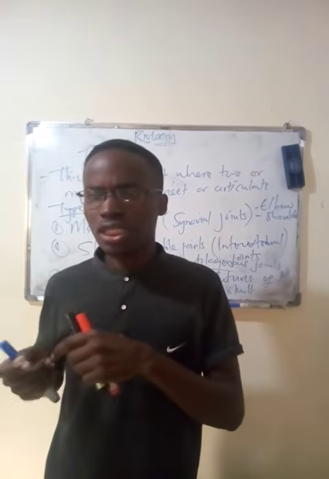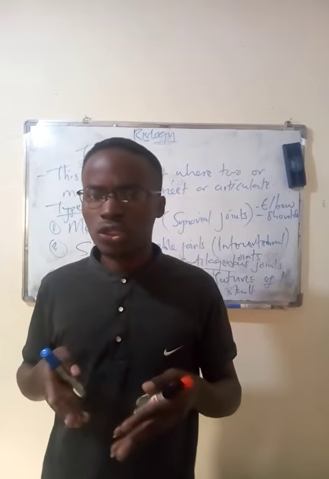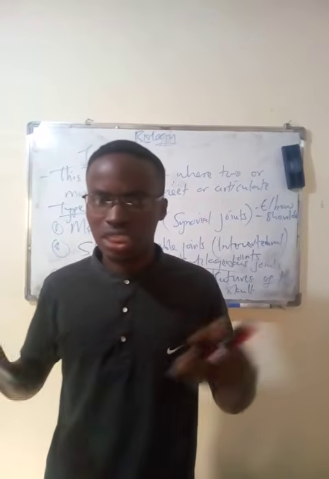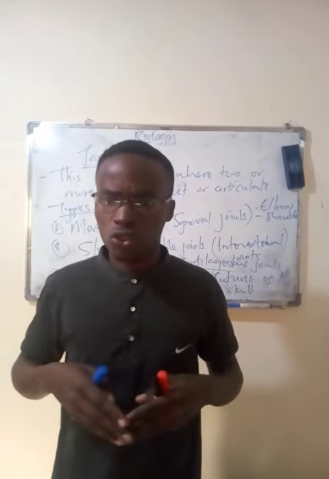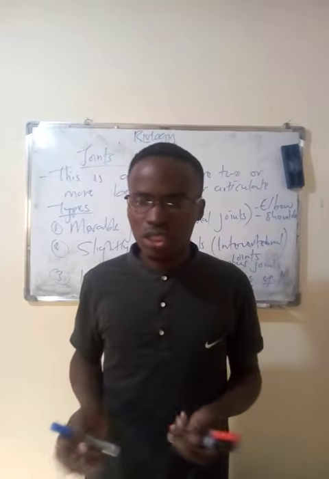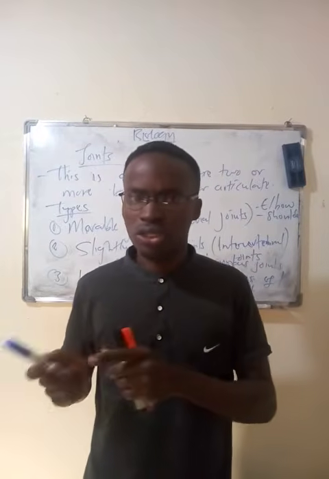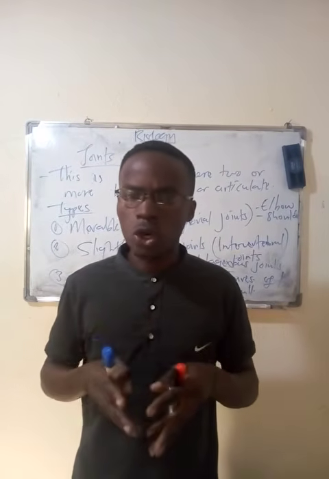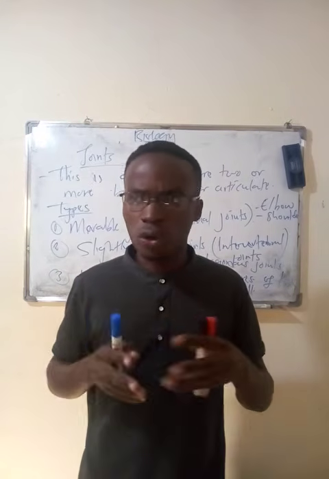We talked about the types of skeletons. We have the endoskeleton, which is found inside the body, in human beings. Then we have the exoskeleton, such as in insects. It's found outside the body of an organism, and it is largely made up of a polysaccharide called chitin. And then we have the hydrostatic skeleton, which is made up of water, or rather fluid.